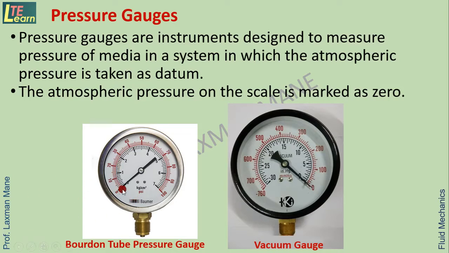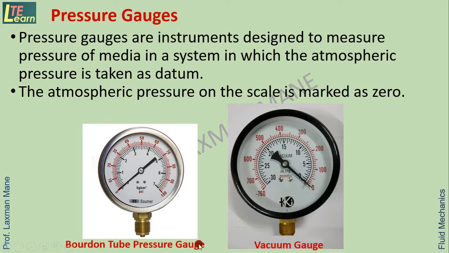Here the gauge is calibrated, or the scale which is graduated here, reads 0. So suppose this pointer moves to 40, it means 40 bar is a gauge pressure, and to calculate absolute pressure we have to add atmospheric pressure to this value.